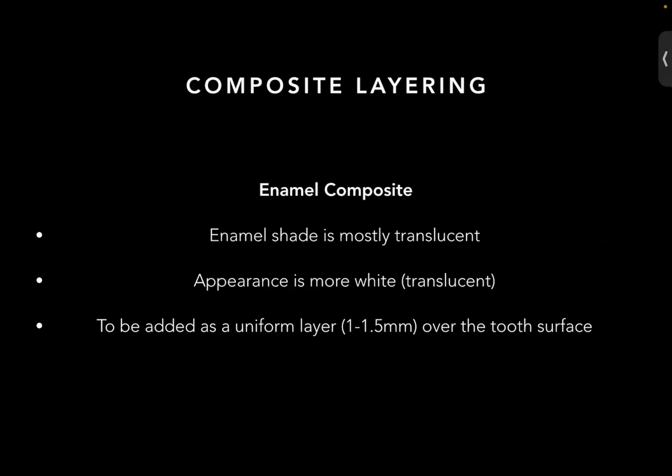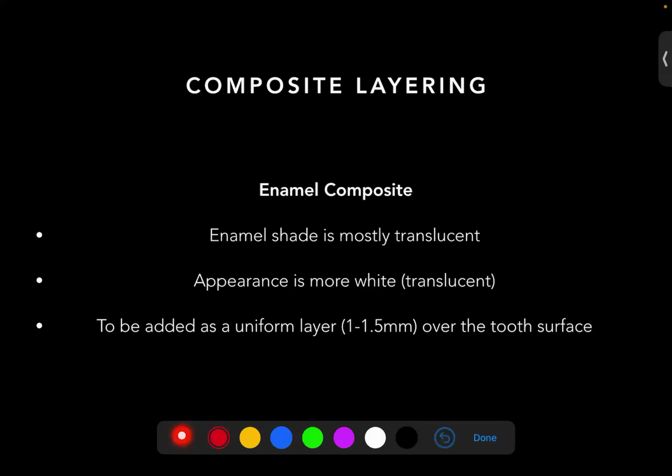Now, after that, when we are talking about the enamel composite, we've now understood that enamel shade is mostly translucent, and the appearance is more white, or you can say less chromatic. And it is to be added as a uniform layer, which is 1 to 1.5 mm over the tooth surface.